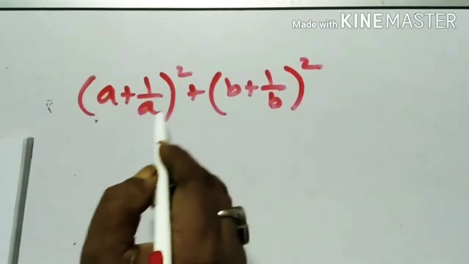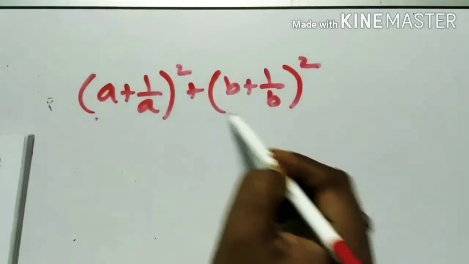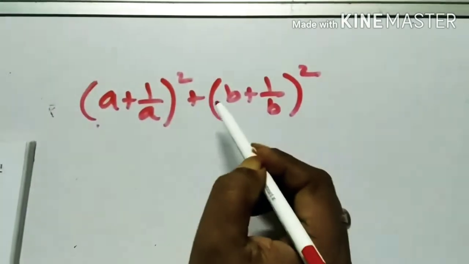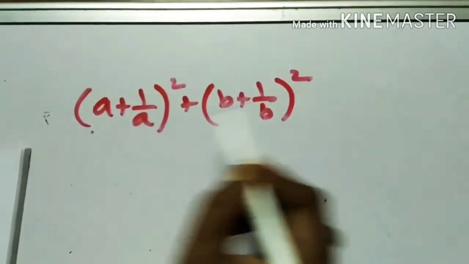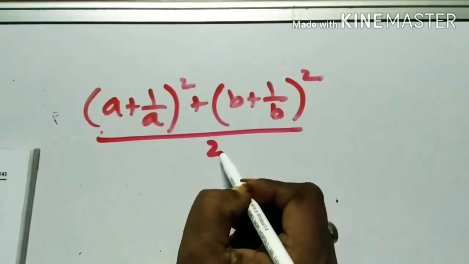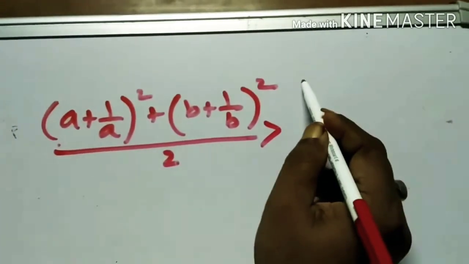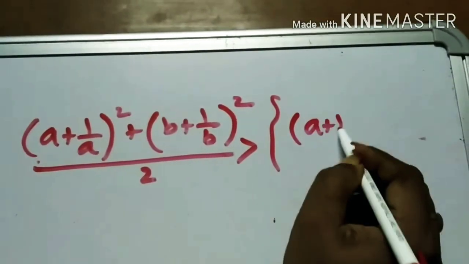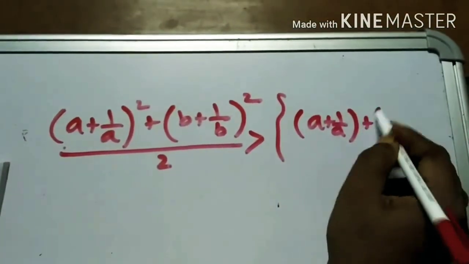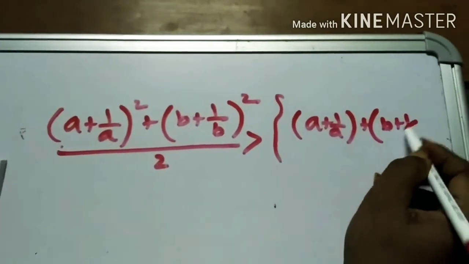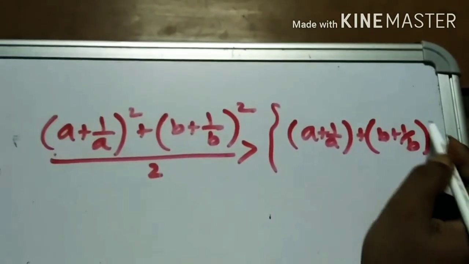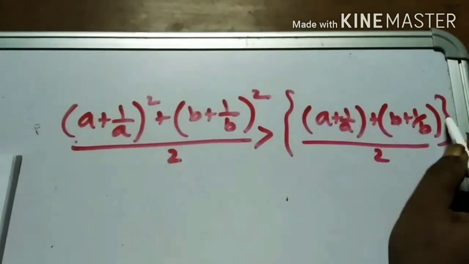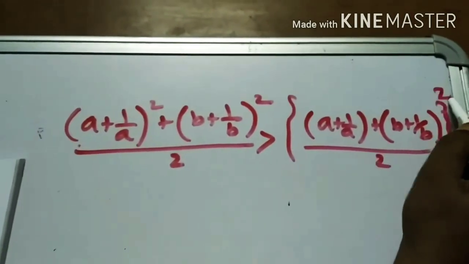So (a² + b²)/2 is greater than ((a + b)/2)².